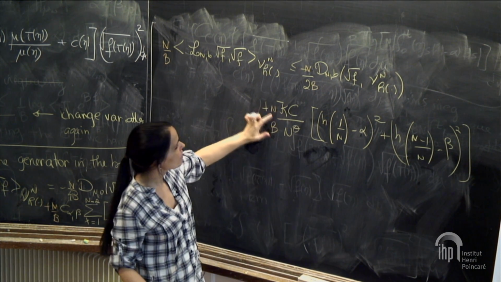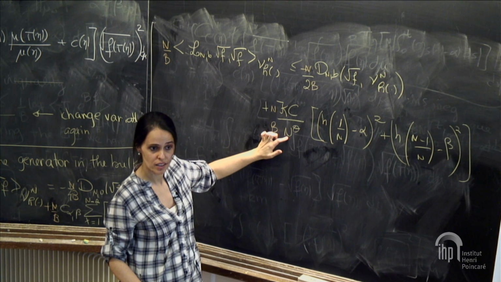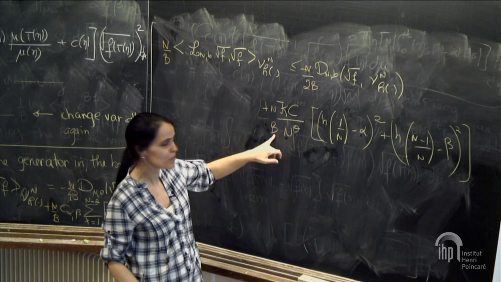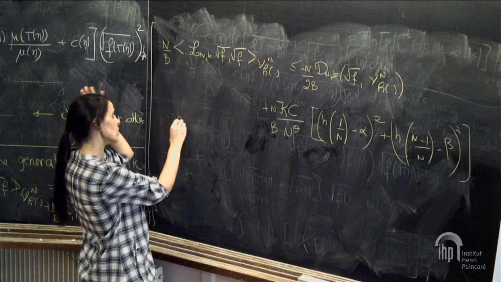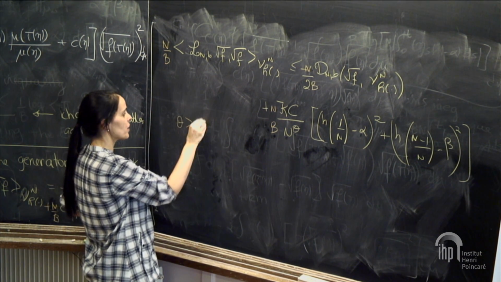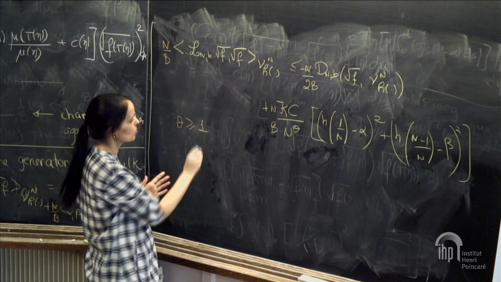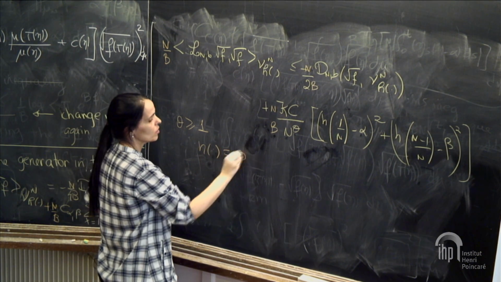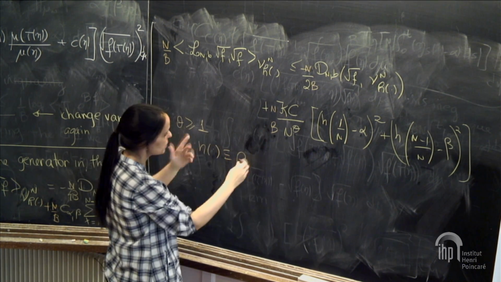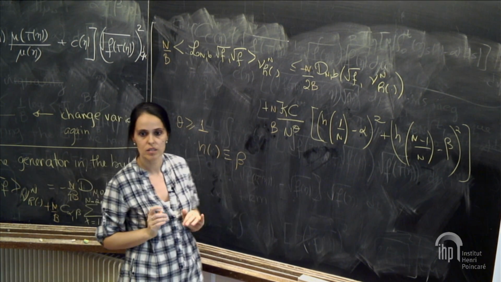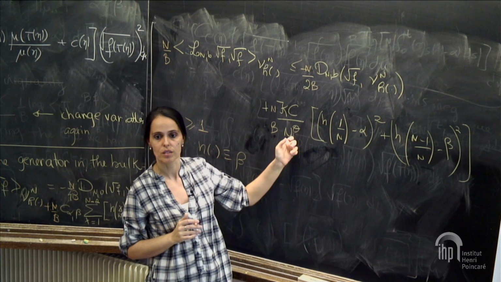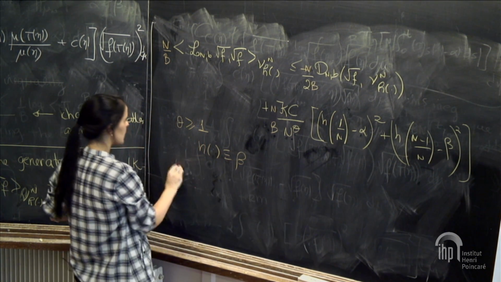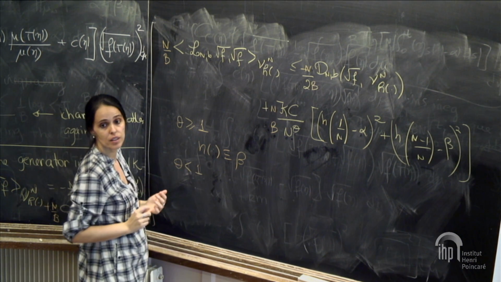So in front of it, you have n over n to the theta, which means that if theta, and remember we have the freedom to take b to infinity at the end, if theta is greater or equal to 1, I can take a profile which is constant equal to beta, alpha, whatever. I can take it constant, independently of what it is. This guy is constant, but this guy goes to 0. If theta is less than 1, you see the restriction.